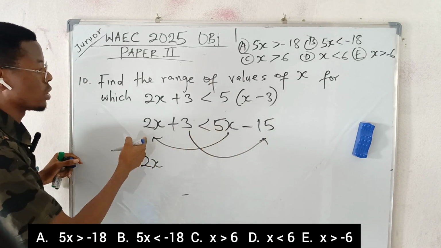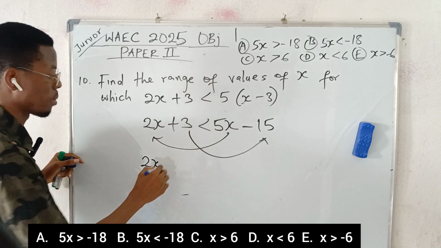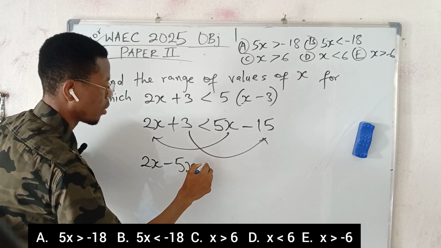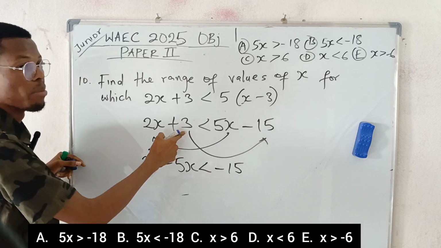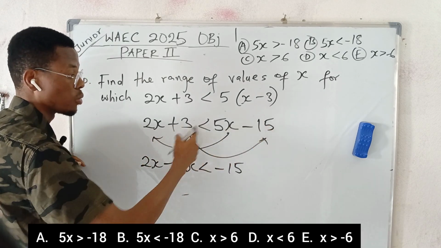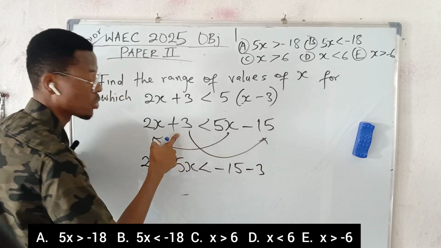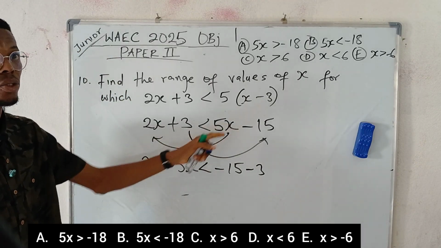If 5x comes to this side, it changes from plus to minus 5x. So we have minus 5x, less than minus 15. Then plus 3 comes to the other side, and it changes to minus 3, because it jumps the less than sign to the other side.